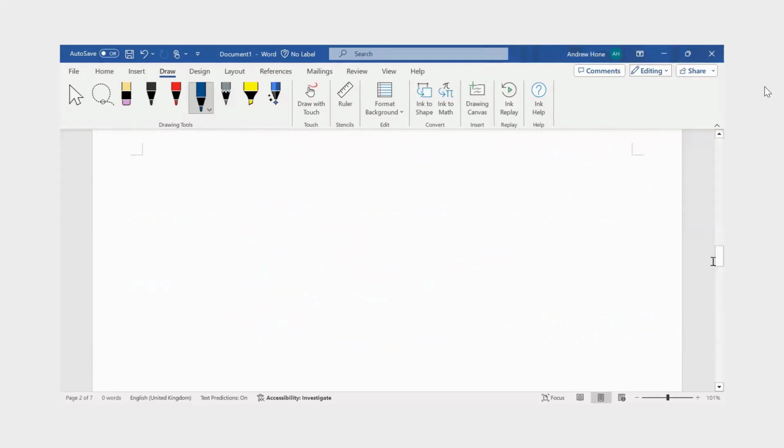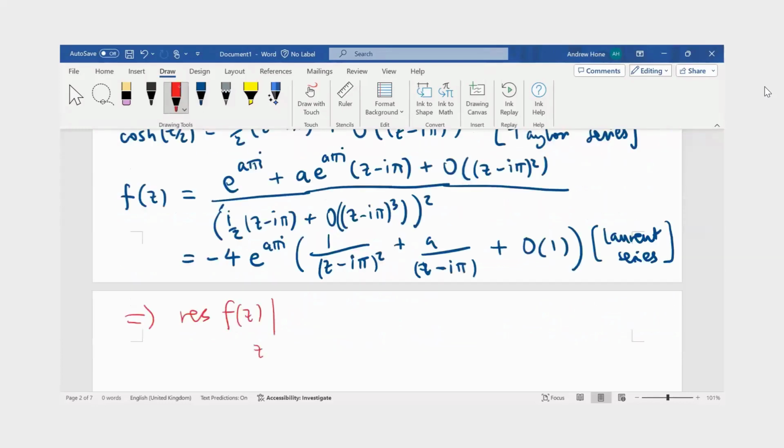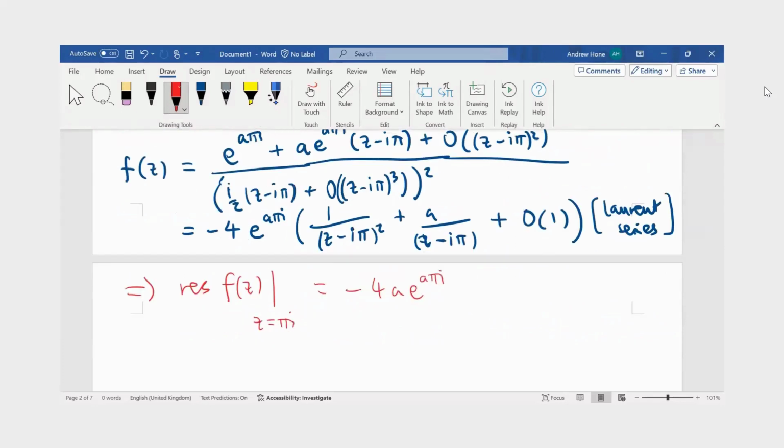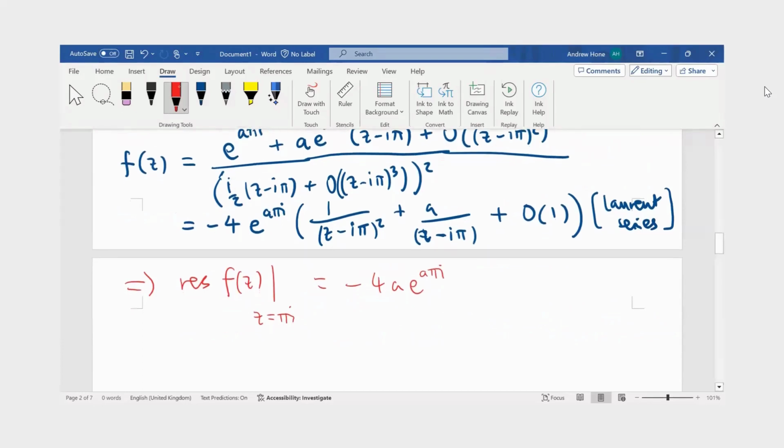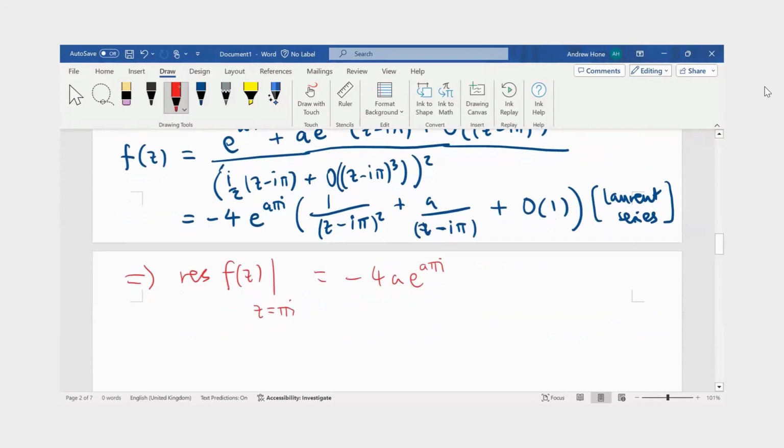So this is the residue of the function at pi i, which is the top pole in the top part of the rectangle.